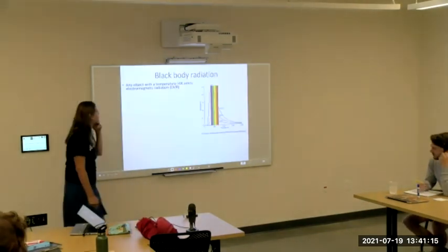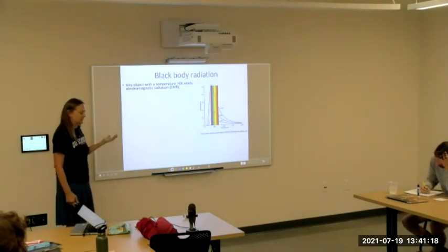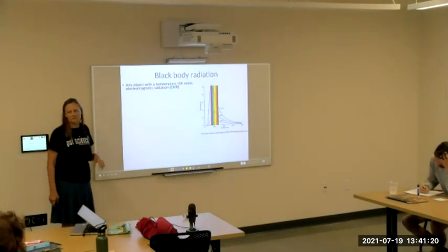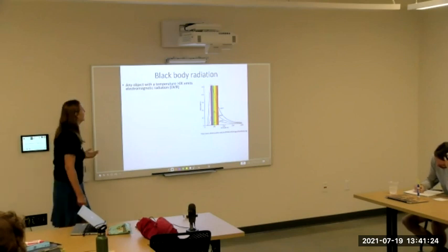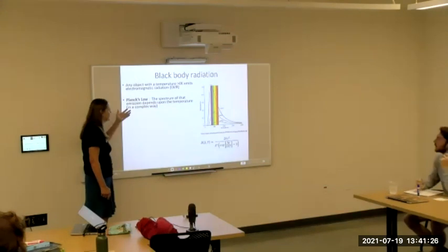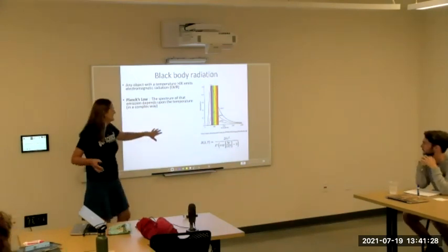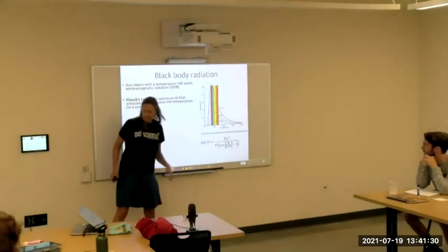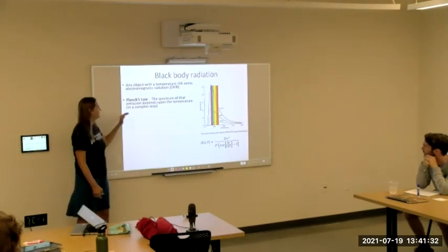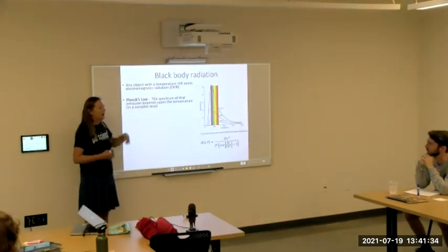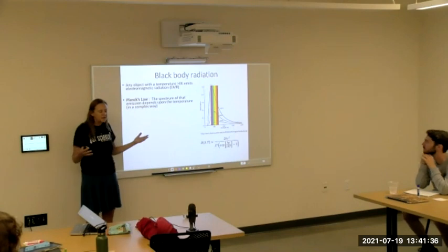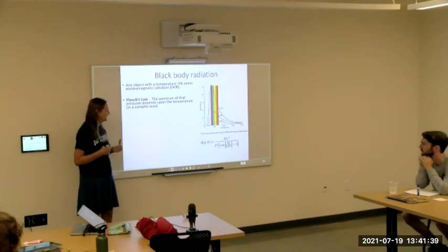Excellent. All right, so it turns out, in one slide, any object that's above 0 Kelvin emits radiation, right? And Planck's law describes this, in a sort of odd equation that's actually so brilliant. It's that the spectrum of the electromagnetic emission is dependent upon the temperature of the object.